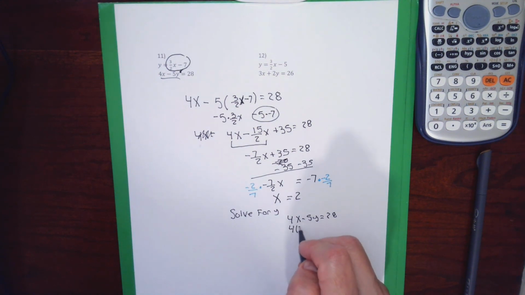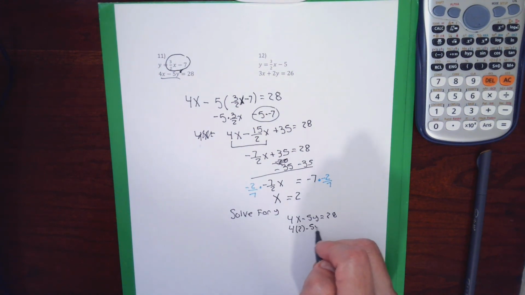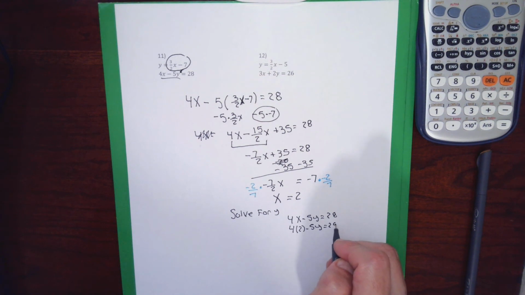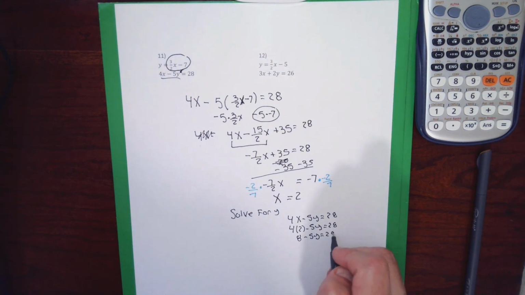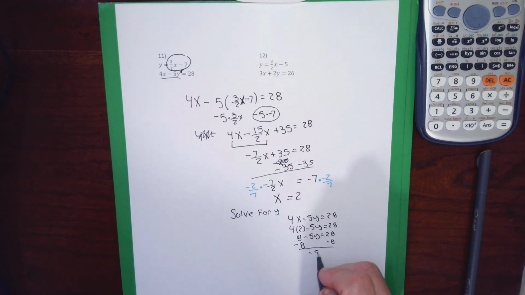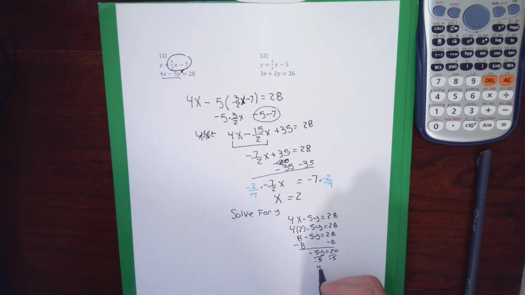I'm going to go 4 times 2 minus 5y equals 28, which will give me 8 minus 5y equals 28. Then I'm going to minus 8 minus 8. That will give me minus 5y equals 20. Divide by minus 5. Divide by minus 5. And get y equal to negative 4.